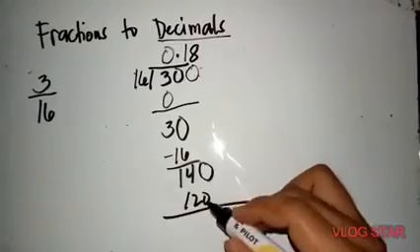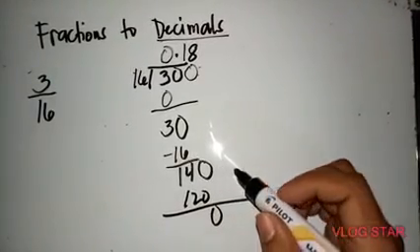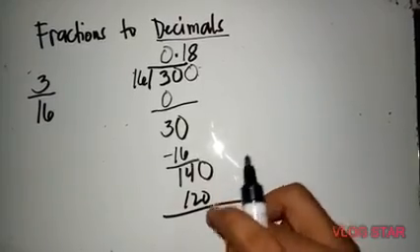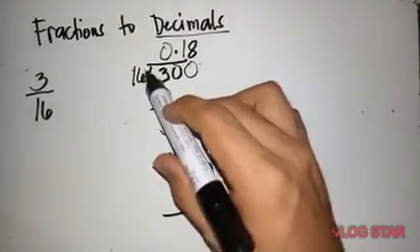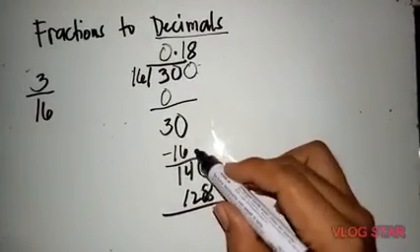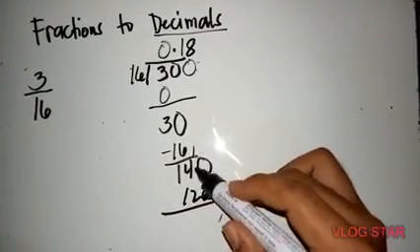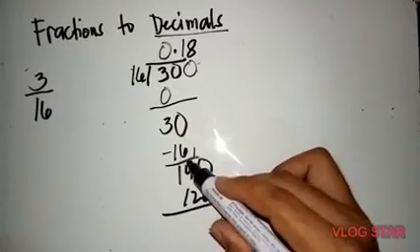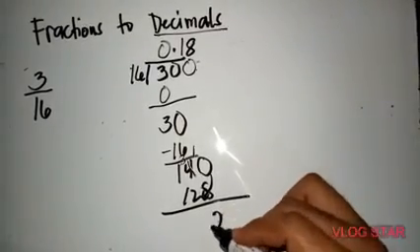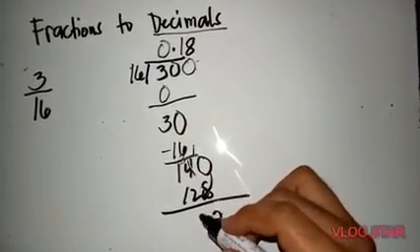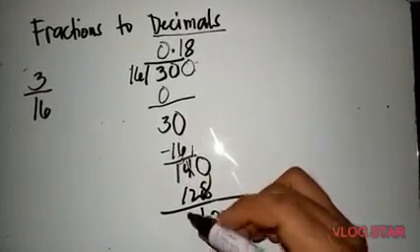Then subtract. Since this is 0, we will borrow from 4. So 10 minus 8 is 2. 3 minus 2 is 1. 1 minus 1 is 0.